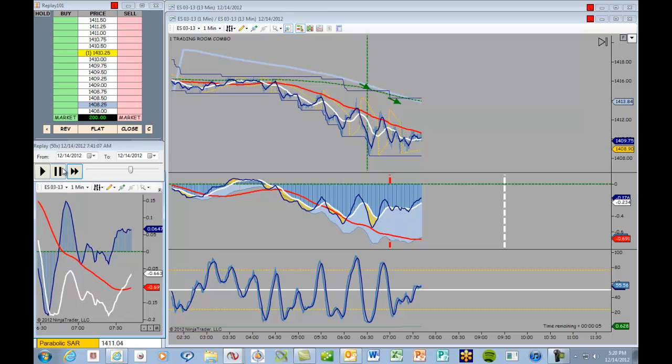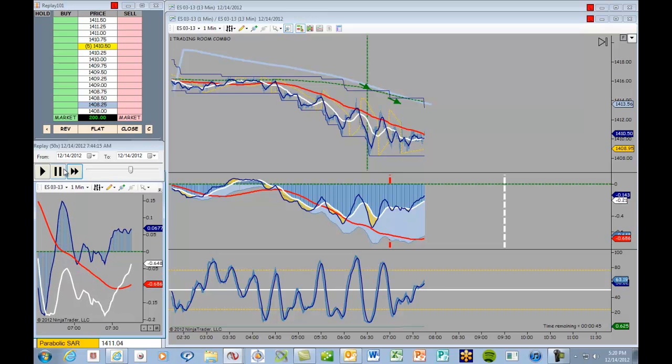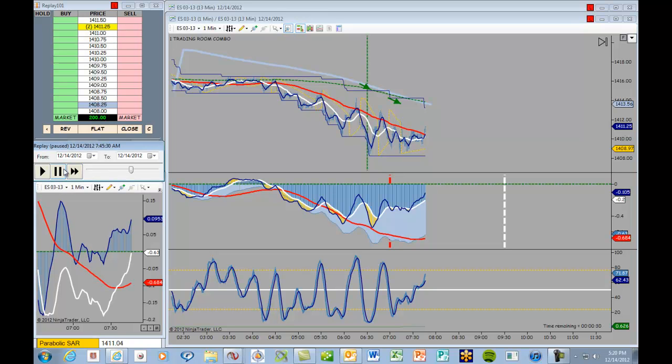Well, it looks like our longer MACD has made a cross. And we have kind of a 1, 2, 3 type of bottom here.